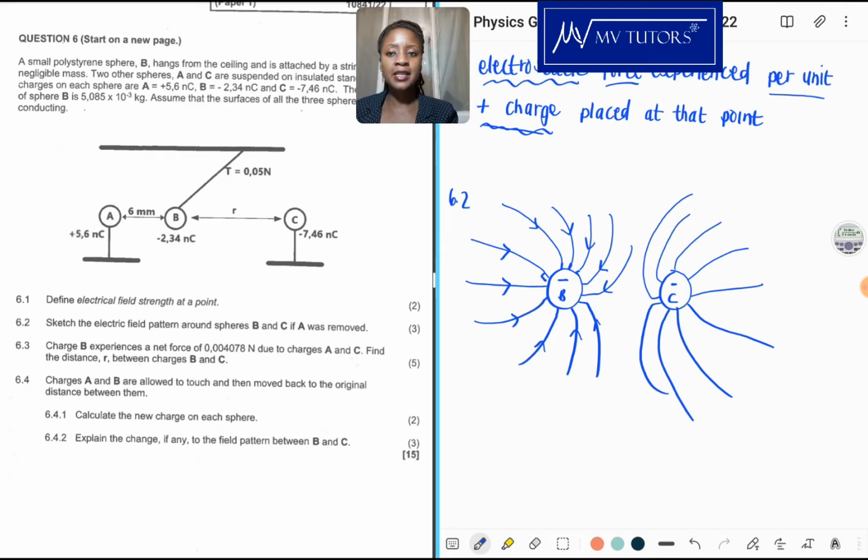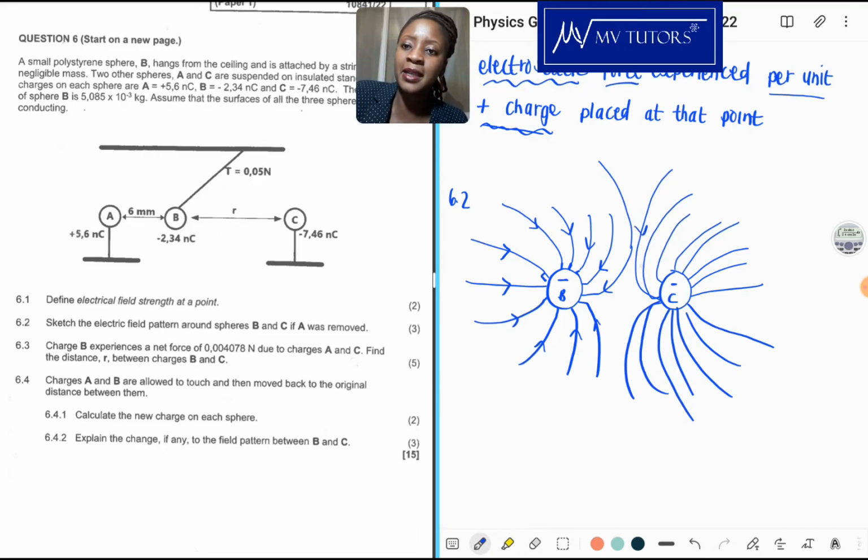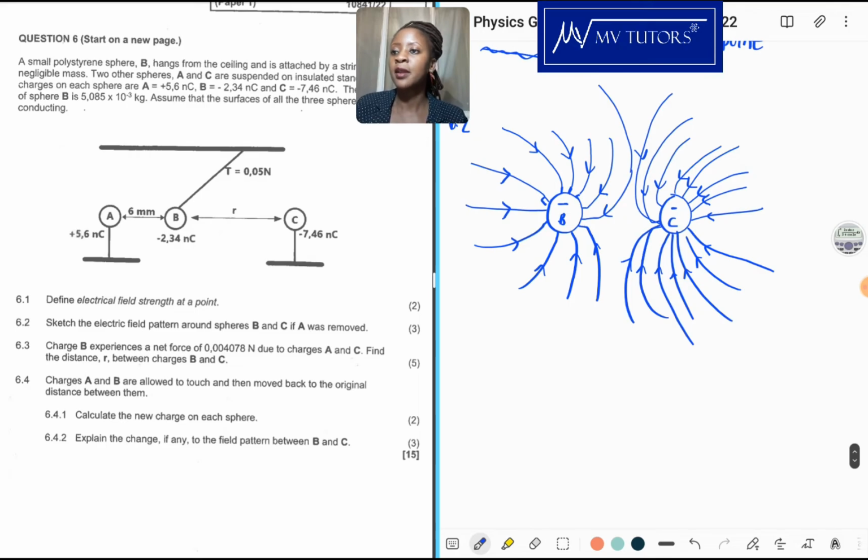Because C is a bigger number, 7,46, you might want to add more, but I don't think it would really matter because ultimately, B, I drew it a bit bigger, they are both nanocoulomb. But if you wanted to illustrate that you understand that the bigger the charge, whether negative or positive, the more field lines you will have. And don't forget the arrows.